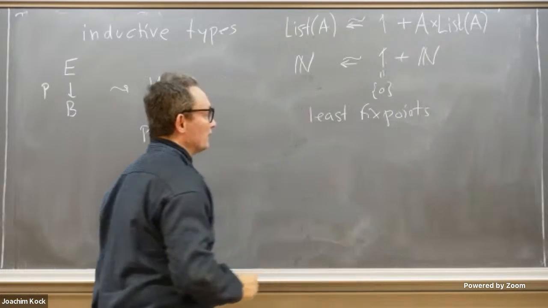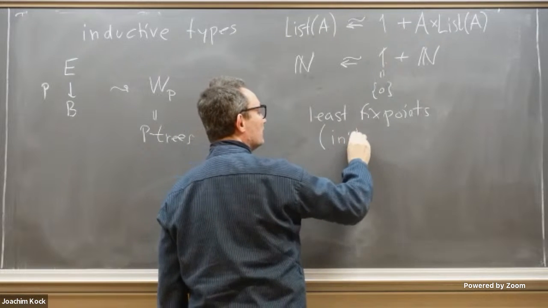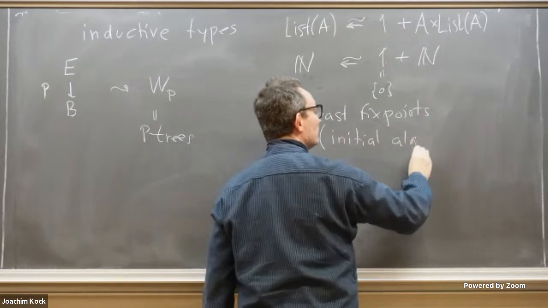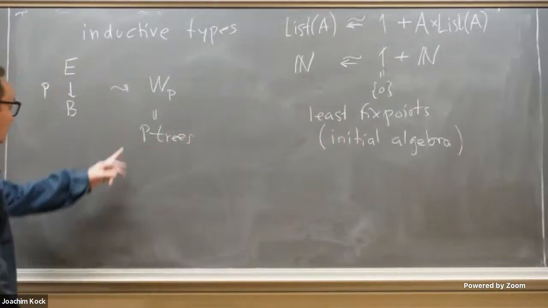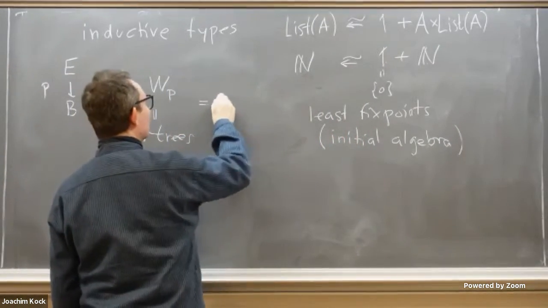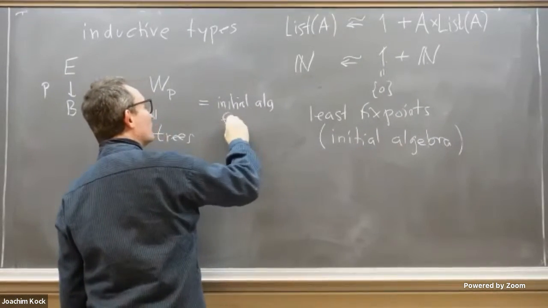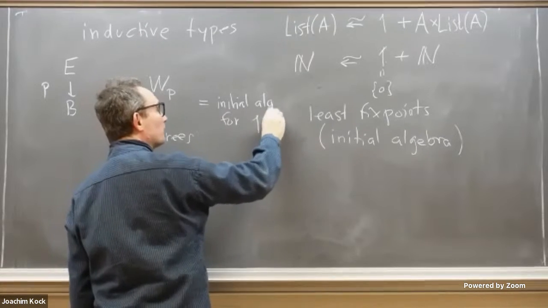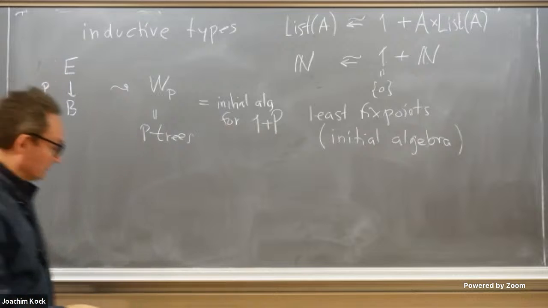And this is informal parlance for initial algebra. So what this really is, is the initial algebra for the polynomial functor 1 plus P. P is the polynomial functor represented by this data.